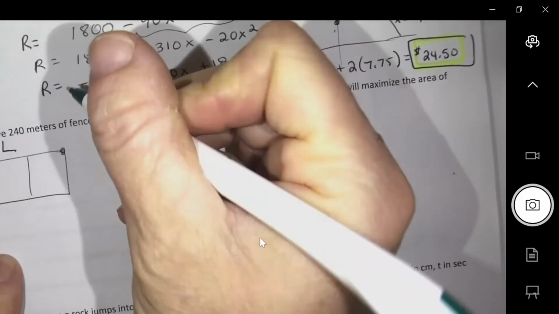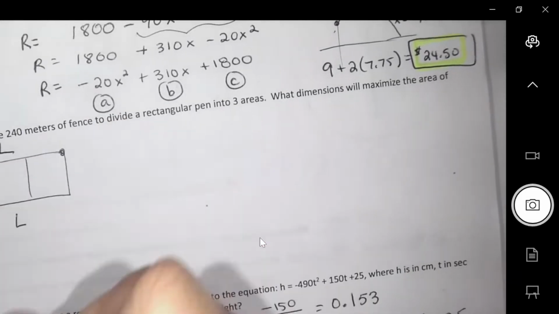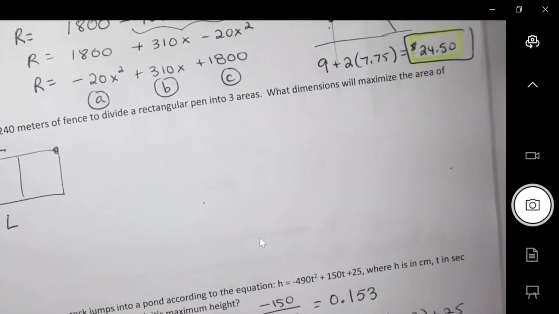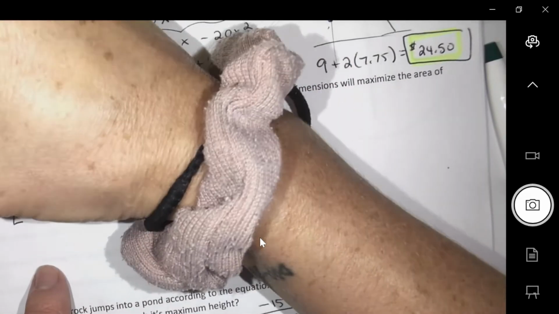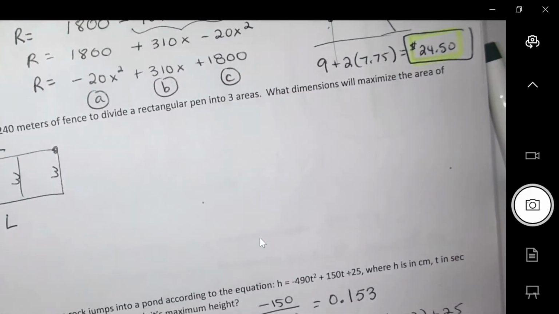So from that corner to that corner is a length, which is also the same on the bottom, right? And this would be a width. So those are the lengths and the widths of this fence.